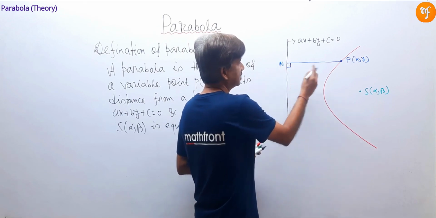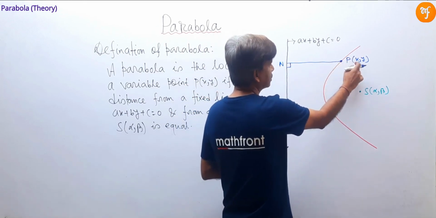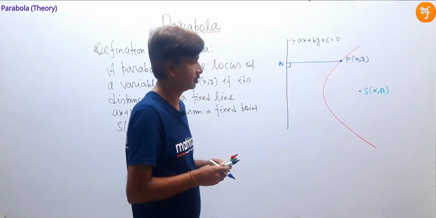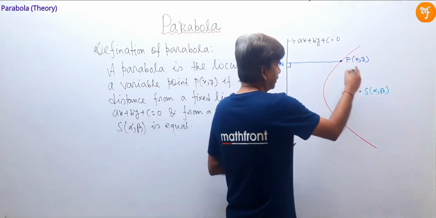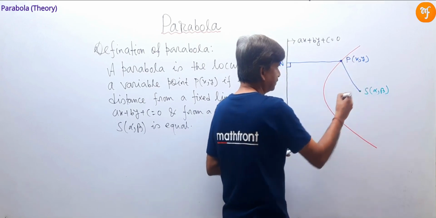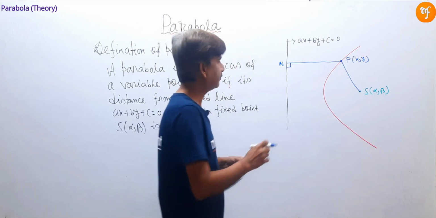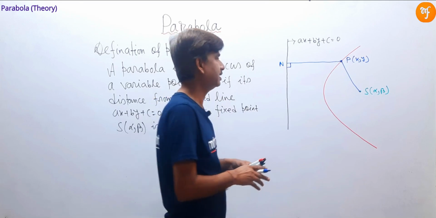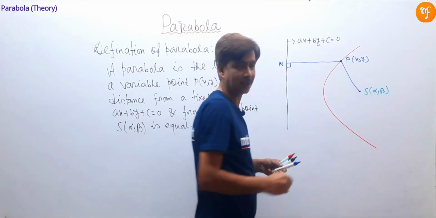So PN is the distance of this point x comma y from the fixed line ax plus by plus c is equal to 0, and from the stationary point the distance of P is PS. Okay. So if PN is equal to PS, then the locus of this point P will be this parabola.